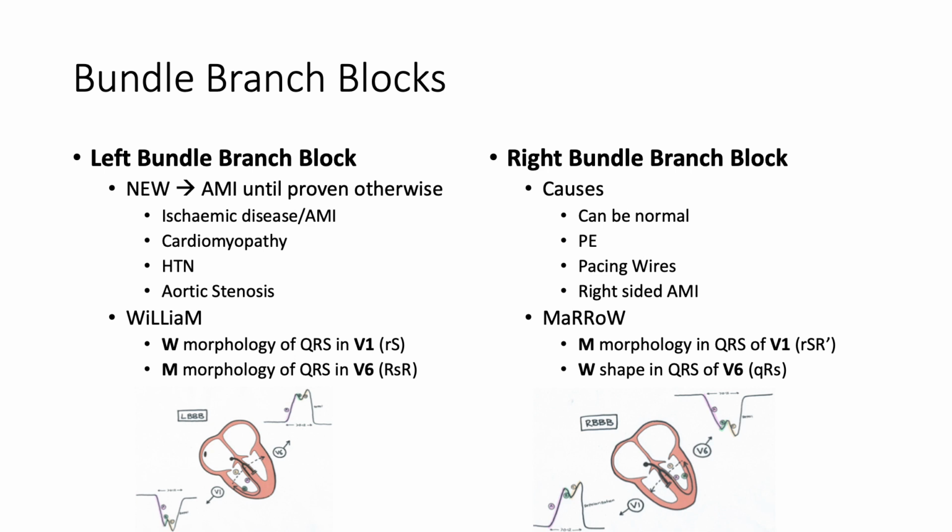If you have pacing wires, they usually put the pacing wires in the left, and they will stimulate the heart prior to normal conduction, so it will have this same effect. It will stimulate them here, and then it will go across to the right in this mechanism. So looking for an M in V1 and a W in V6.